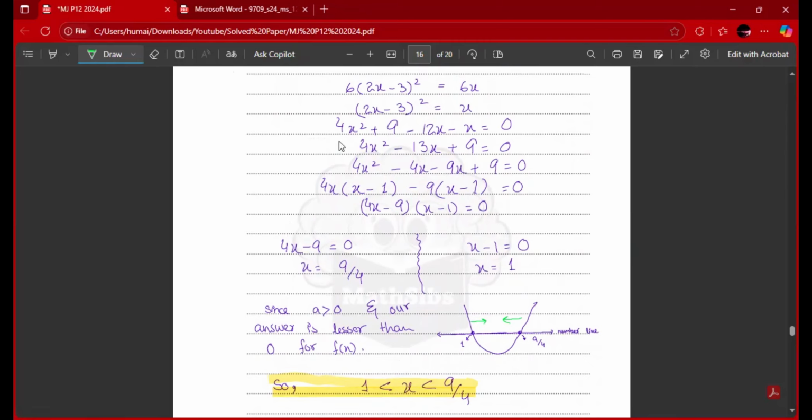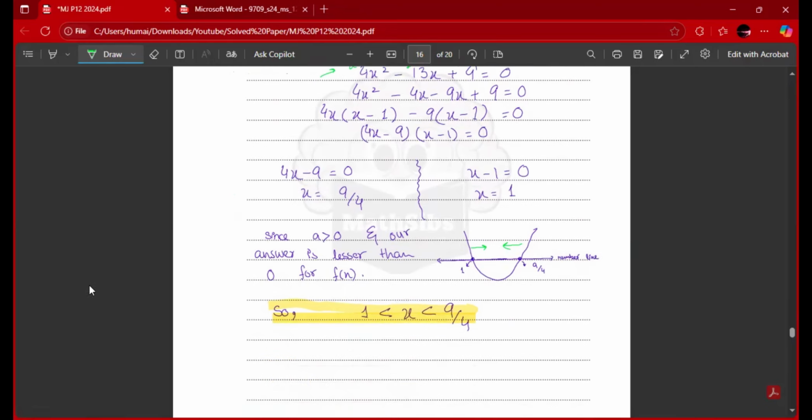Well, if I see my equation that I made right over here, I could tell that it's a minimum function. That means my graph is going to be a smiley face, not a sad face, because of my value of a. This is my a, this is my b, this is my c. When my value of a is greater than 0, then my graph is going to be a smiley face, meaning that it has a minimum point.